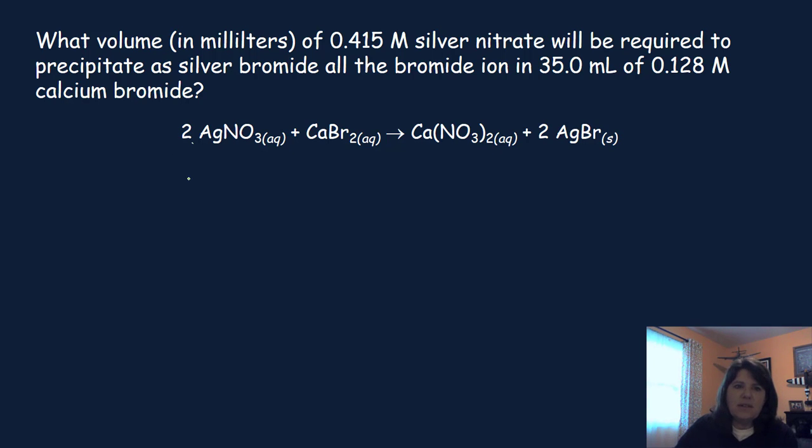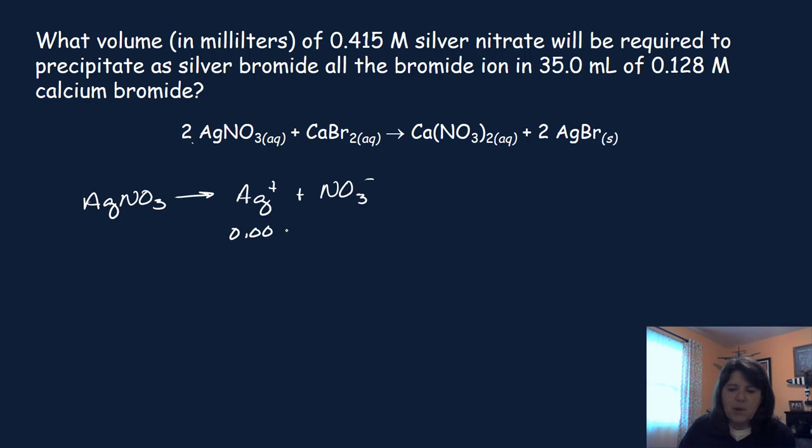So we end up with a salt that dissociates in water like that. From the previous slide, I discovered I needed this many moles of silver to run the reaction. If I need that many moles of silver, then the question becomes, how many moles of the silver nitrate do I need? And then our final question is, how many milliliters?